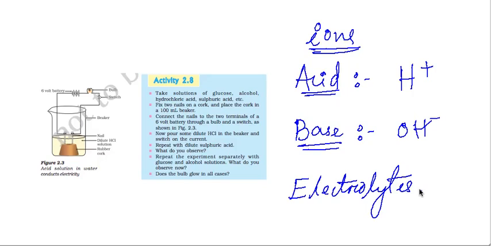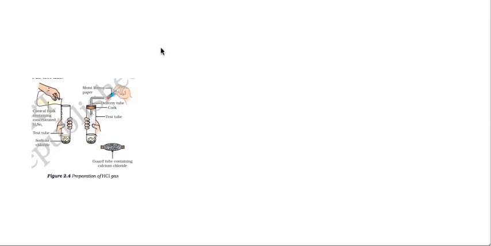Now as we are talking about dissolving the acids and bases in water, what happens to them in water? Why do they generate ions? So for that, let's do an experiment as shown in the figure.